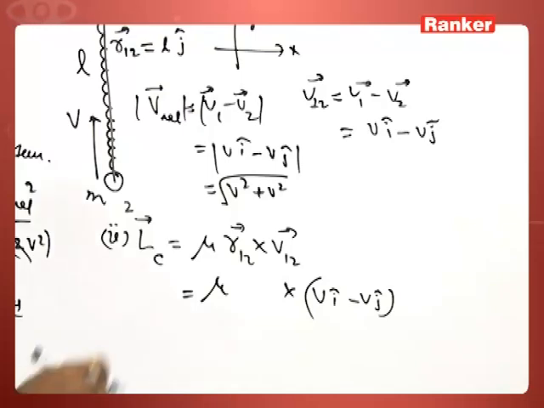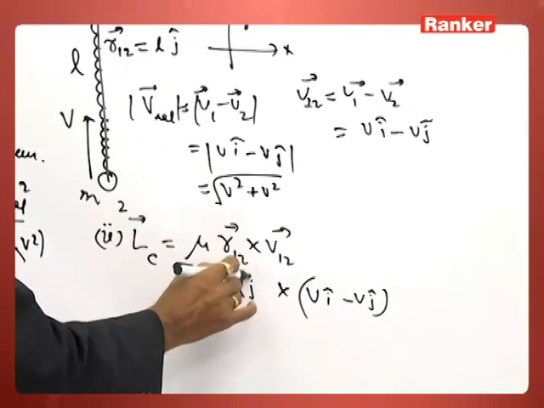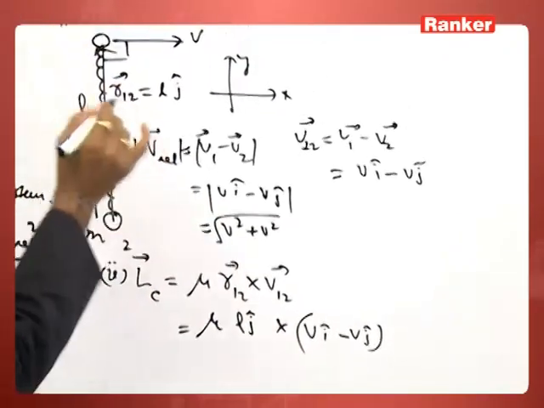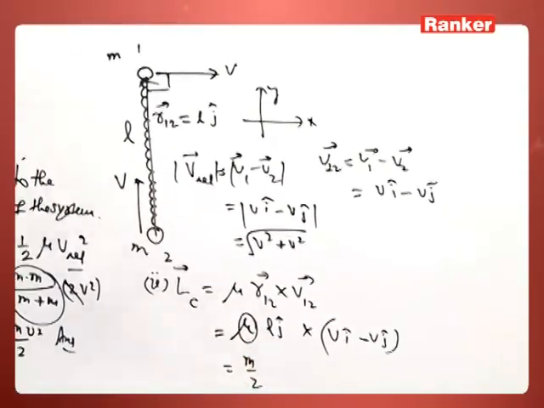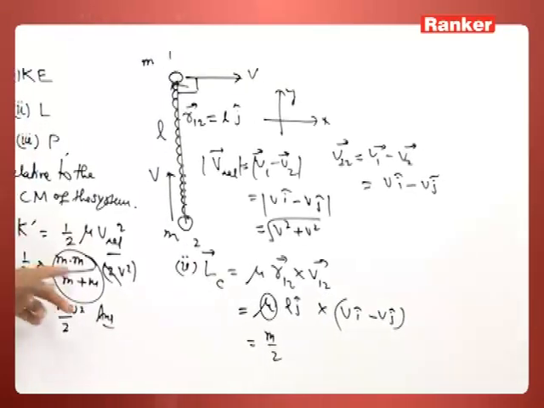Instead of R12 I can write L j cap, position vector of 1 with respect to 2. So instead of mu I can write m by 2, m1 m2 by m1 plus m2.